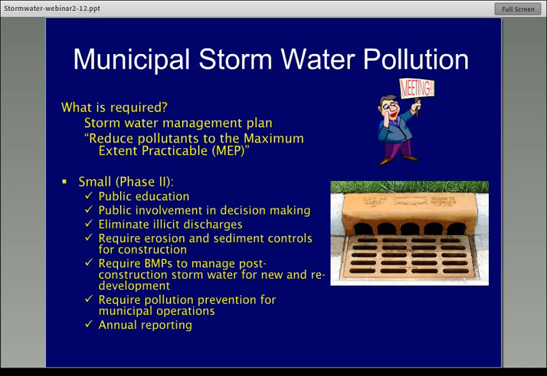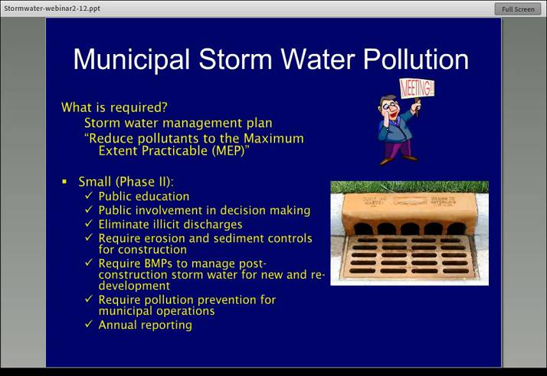And so what was introduced in 2003 was the first 6 elements here, 6 minimum measures: public education, public involvement, eliminating illicit discharges, requiring erosion and sediment controls for construction, requiring best management practices for post-construction, and requiring pollution prevention for the entities holding the permit for their own good housekeeping.